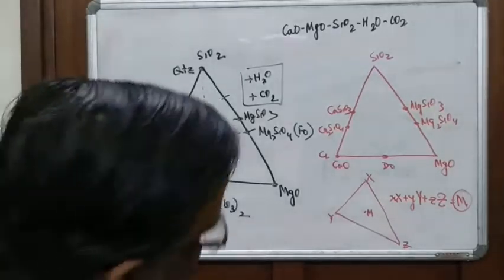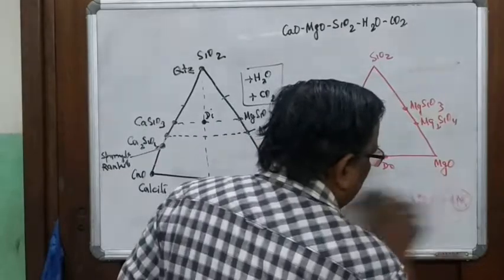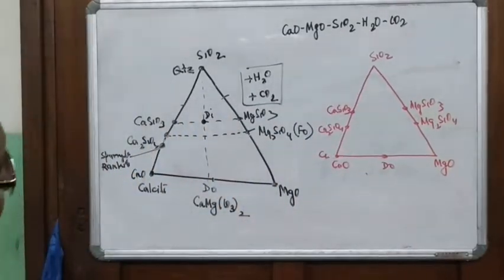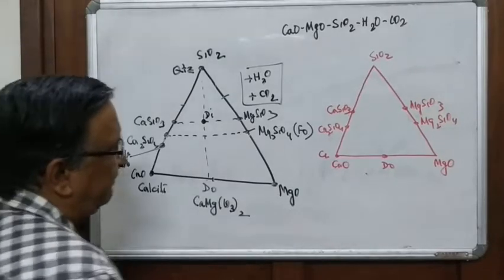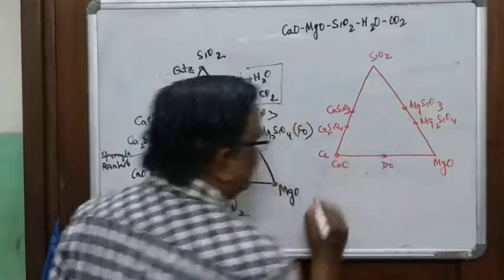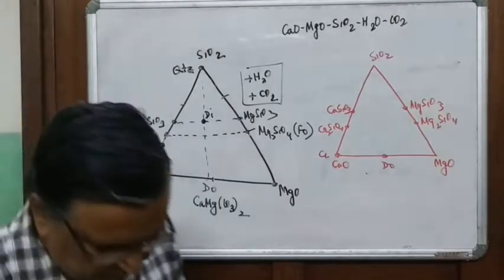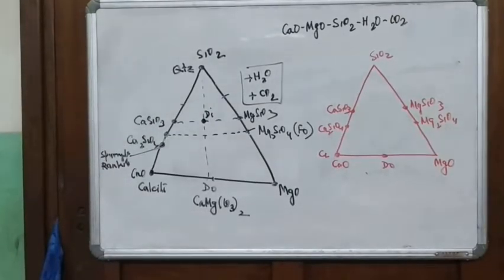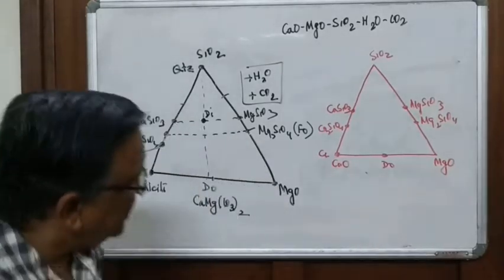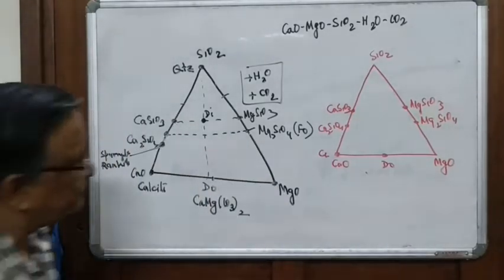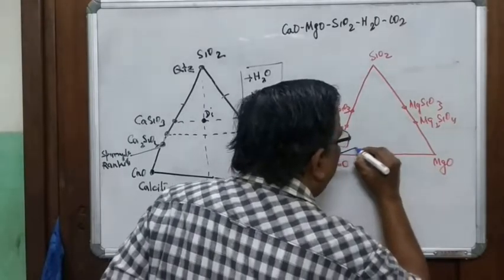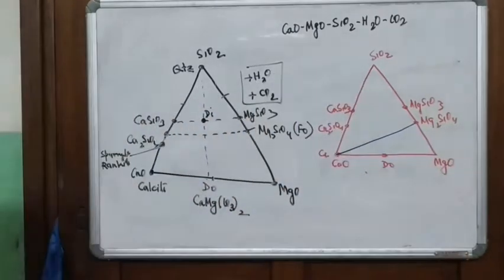Let's see now, knowing this, how we can do things. Say, just for fun, let's say here I have calcite. I will take another pen. Say I take calcite and forsterite. You see, I join calcite and forsterite.